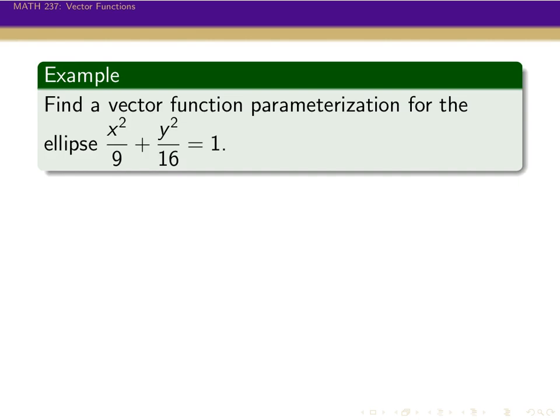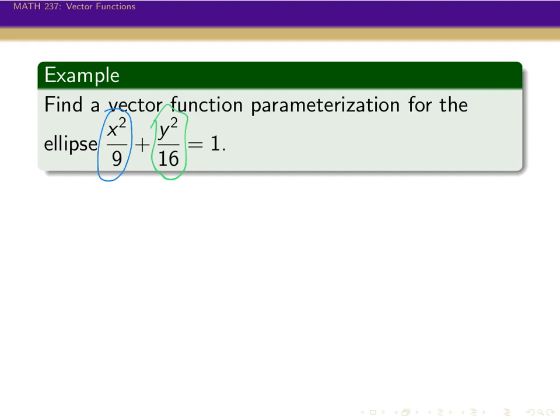Right, so in that one I said, start off with the sines and cosines, and you can come back and see that it's a circle. Well, in this one, we're going to start off with this here, and we're going to translate it into sines and cosines. So you can see here I have x squared over 9, so that's something squared, plus something else squared equals 1.